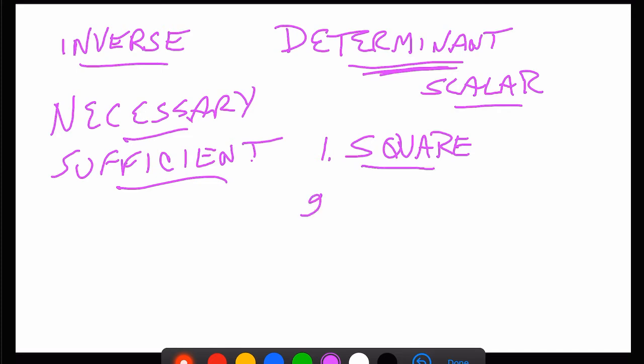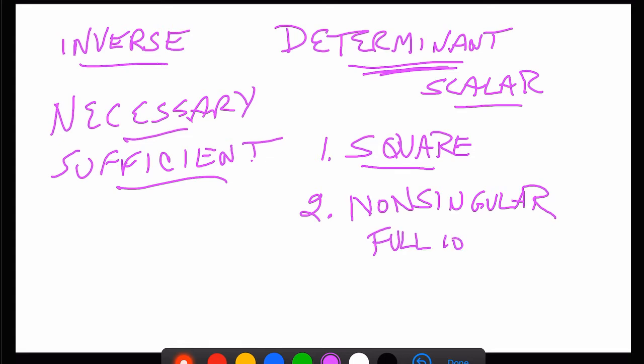And the reason it's not sufficient is that the matrix has to be non-singular. Those two together are necessary and sufficient. Non-singular means it has full column rank.